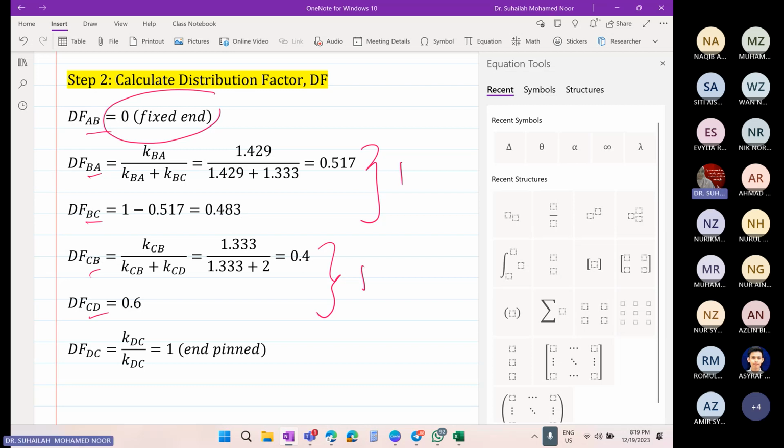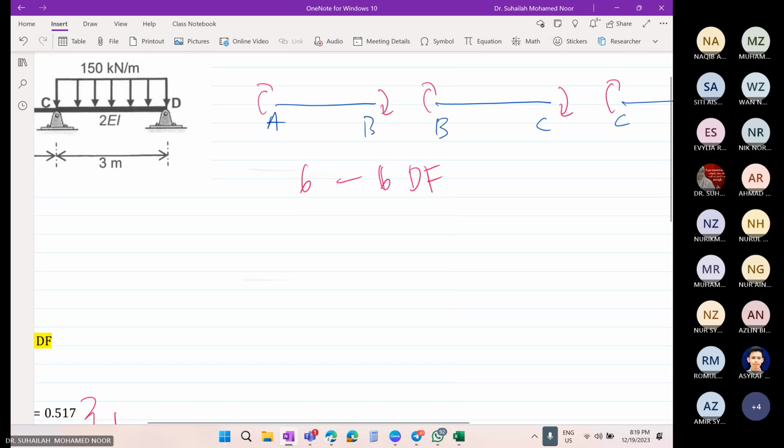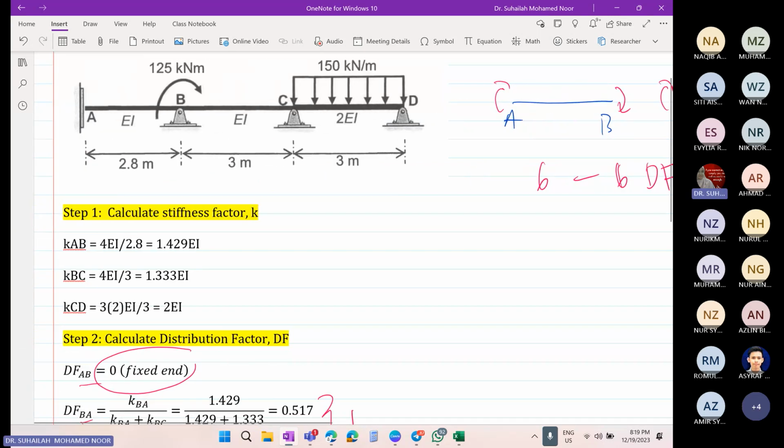So please remember, the distribution factor for a fixed end must be 0, and for an end pin must be 1. So there are 6 distribution factors we get from the 6 ends. Okay, so next is step number 3.